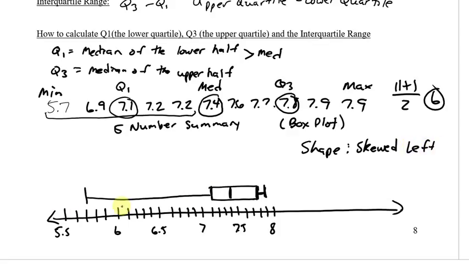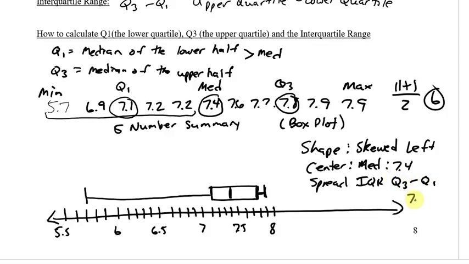The center, the median, is the median 7.4. And the spread, we'd use IQR, so Q3 minus Q1, which Q3 was 7.8 minus 7.1, which is 0.7, is the IQR.